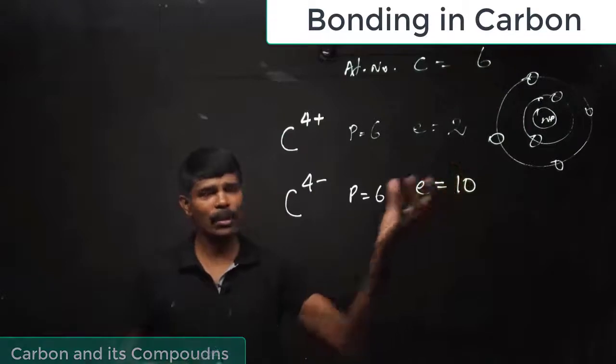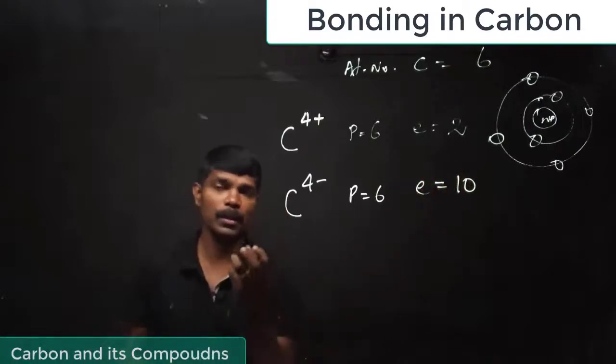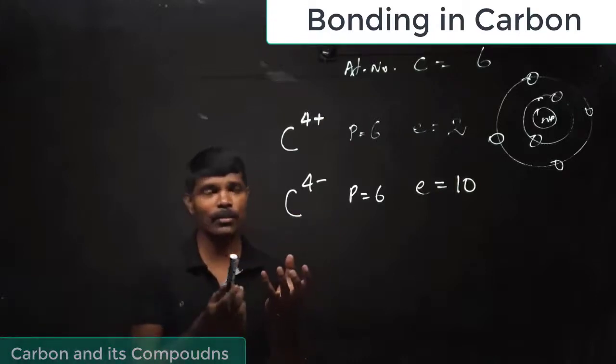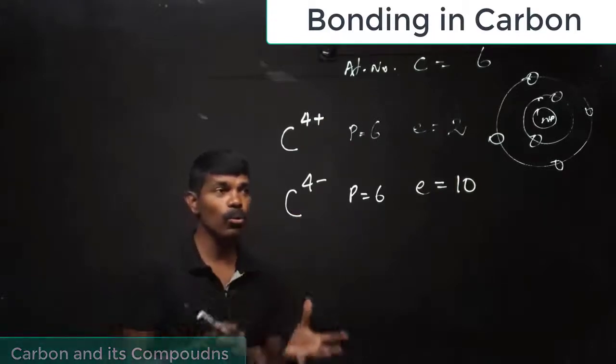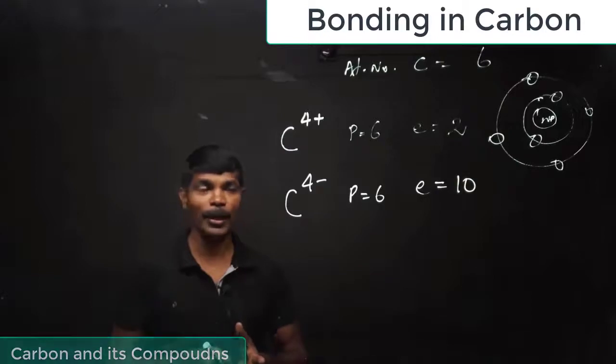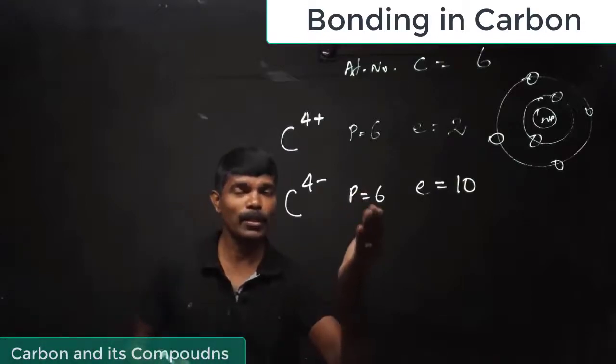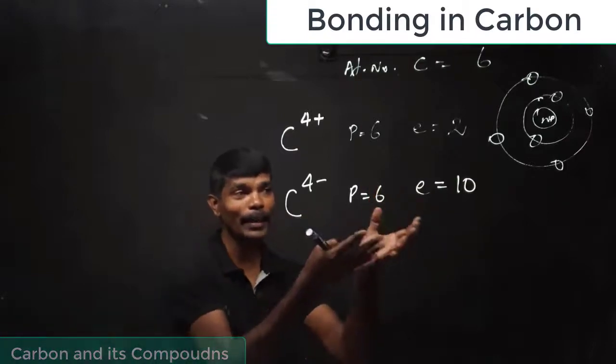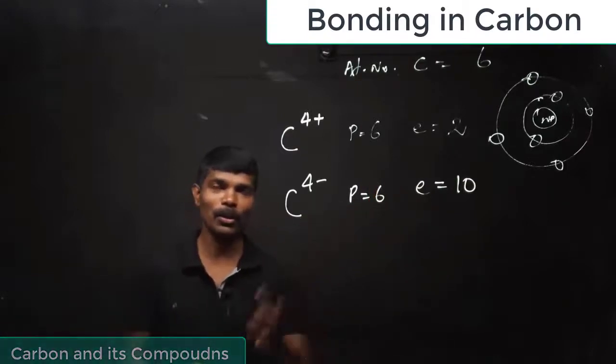See here, the nucleus is very small with the 6 protons. It's impossible for a small nucleus having 6 protons to hold 10 electrons, right? So it's too difficult for carbon to hold 10 electrons with the smaller nucleus.